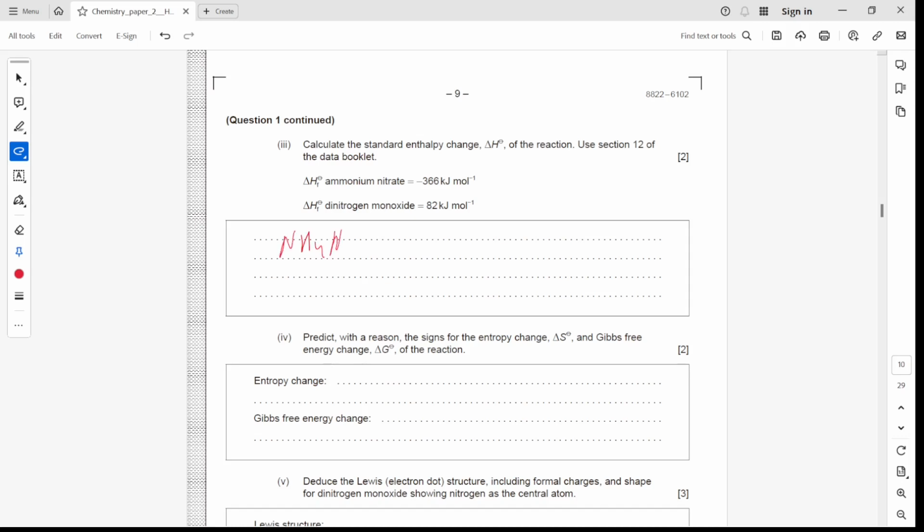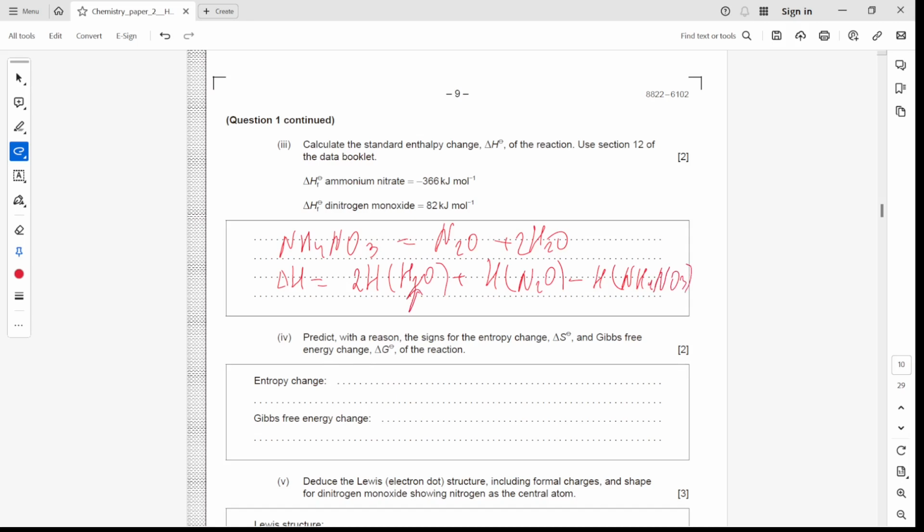Again, I want to write this reaction. Can be not useful, right? And delta H of this reaction is just 2 enthalpies of water plus 1 enthalpy of dinitrogen monoxide and minus 1 enthalpy of ammonium nitrate.